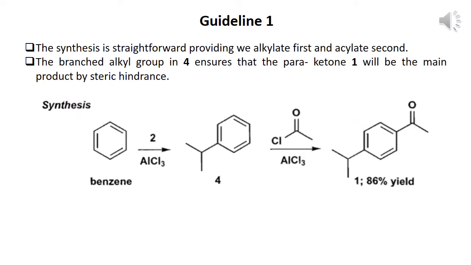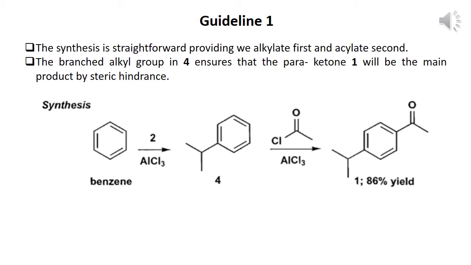Now the synthesis of the compound is straightforward, provided we alkylate first and acylate second. The reason is that we need both substituents at para positions, so we must first add the one substituent that is ortho-para directing.